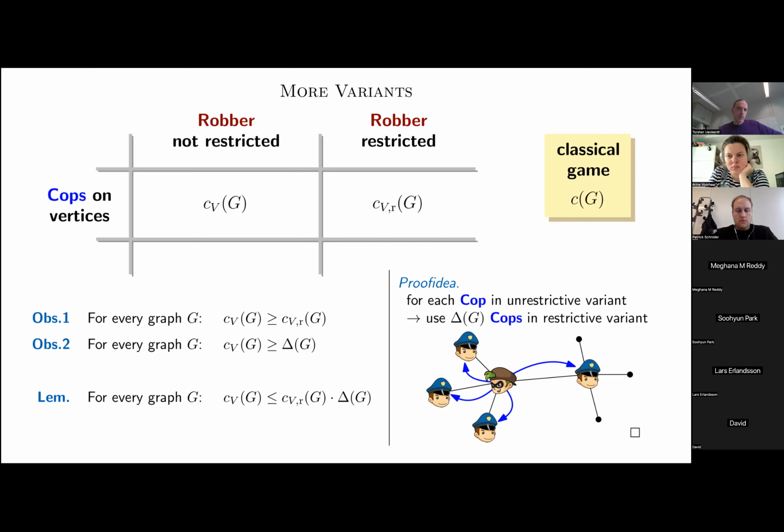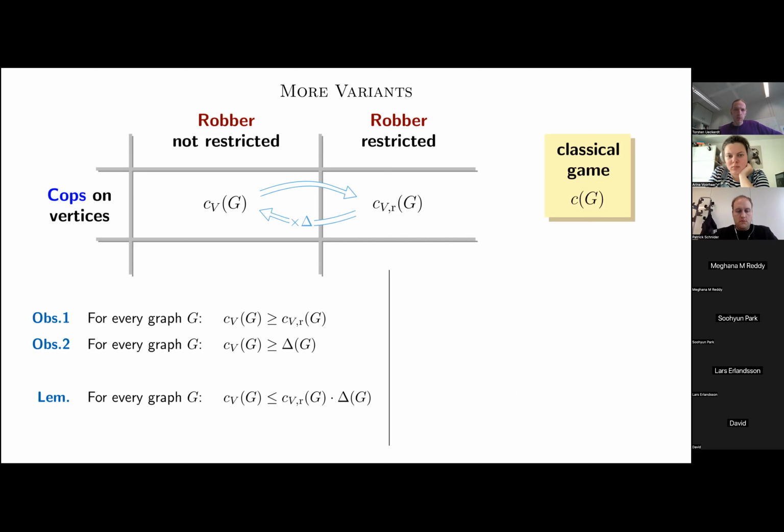Okay, I would like to denote this in this little table here by these arrows. What do I mean by this? So the top arrow basically says I can go from here to here no matter what. So if I have a strategy for the unrestricted variant, I can do the same thing for the restricted variant.